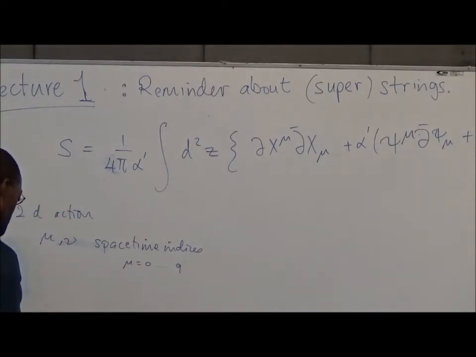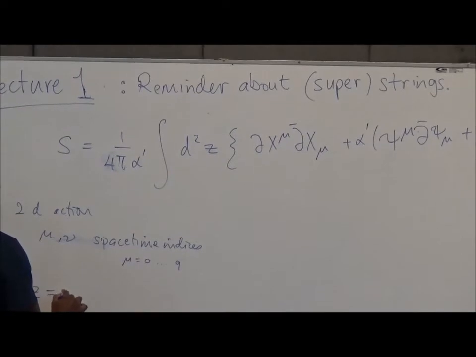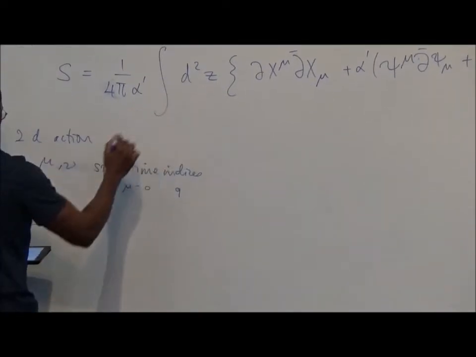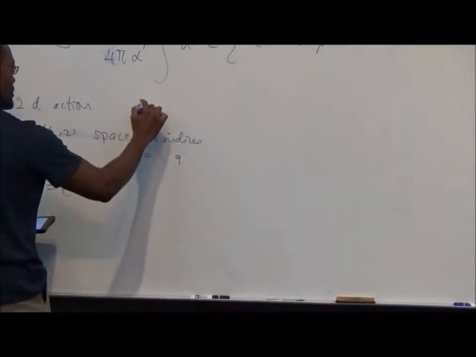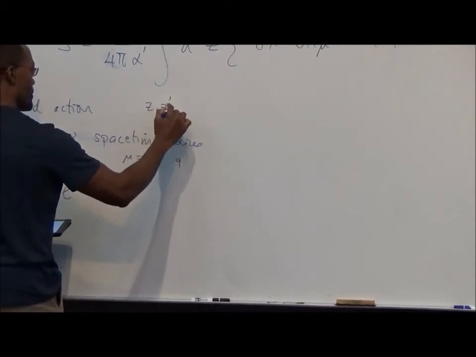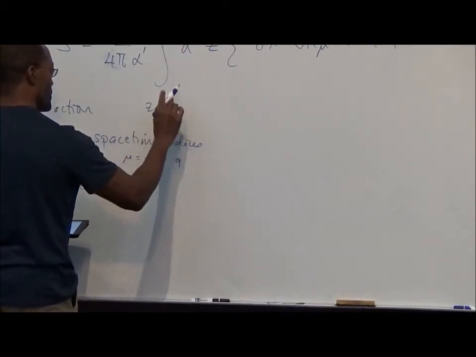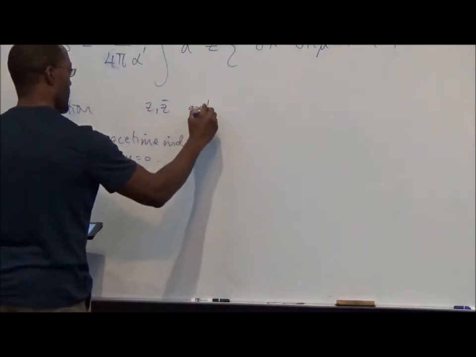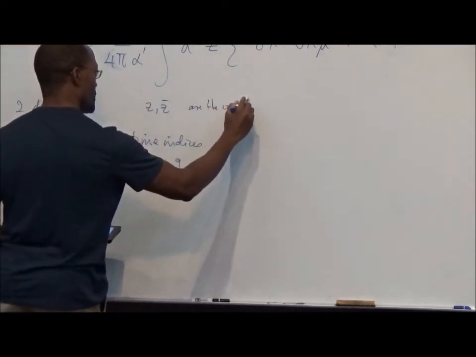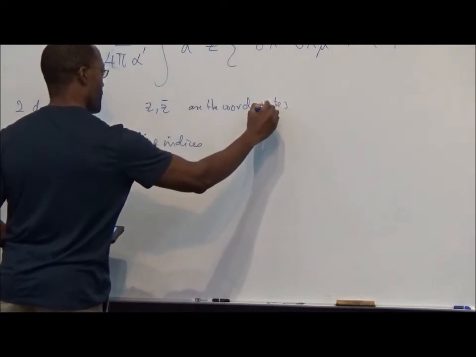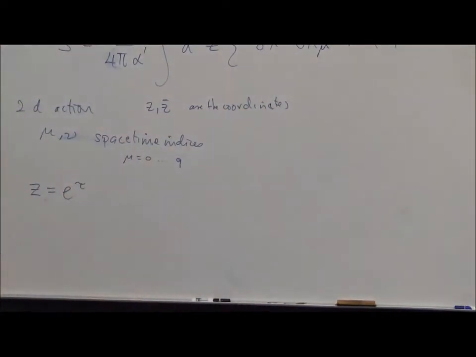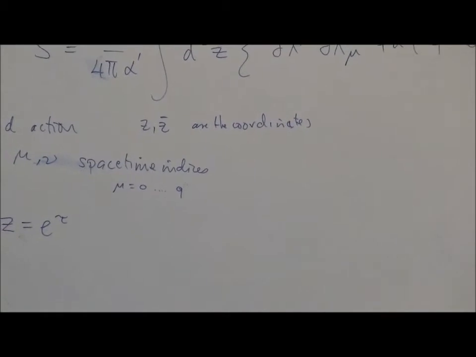What I've also written here is, implicitly, I've made some choices. I'll talk about that in a moment. These coordinates, z and z bar, sorry, my writing is a little, is it too small?